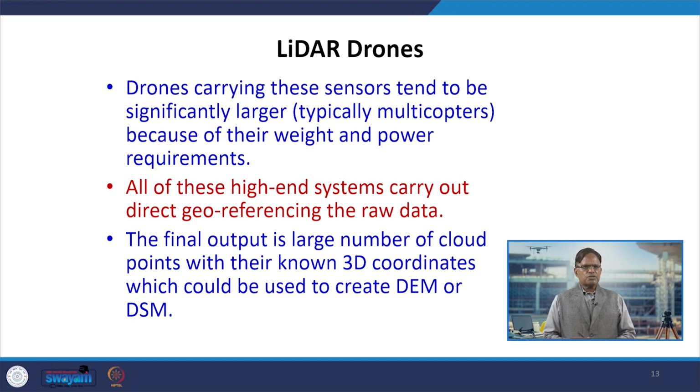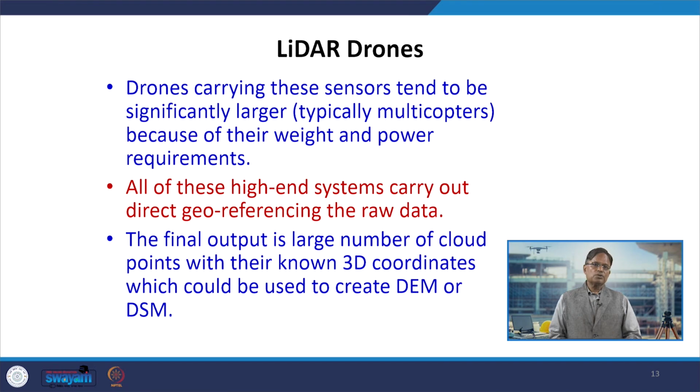Then the drones which are carrying these LiDAR sensors are significantly larger in size. Typically we are using multi-copters, which we have learned about in the previous lectures, and because of the weight of the LiDAR sensors and the power they require, we require larger multi-copters. Now all of these high-end systems will carry out direct georeferencing of the raw data.